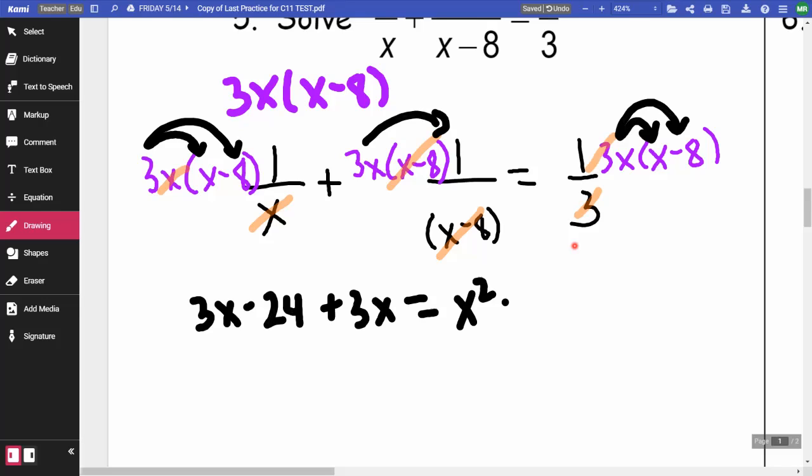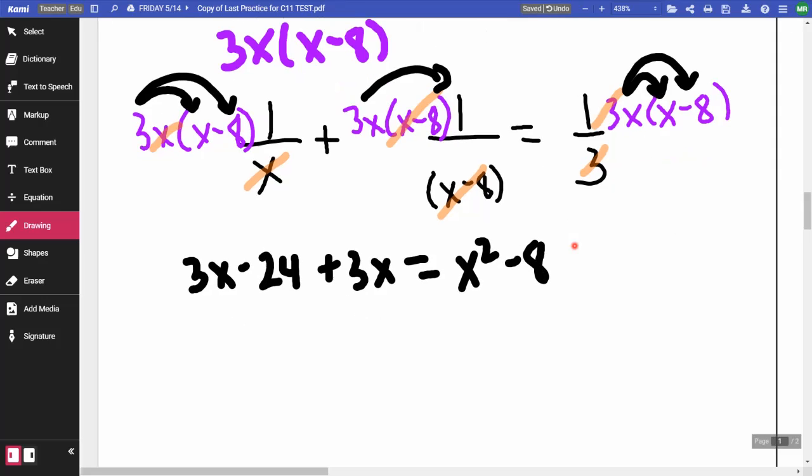So I'm going to have an x squared minus 8. And so now I'm going to get 0 here, everything else on the other side. So I'm going to have an x squared. My 3x and my 3x makes a 6x. So I'm going to subtract 6x to this side. I'm going to add 24 to both sides. So I get a plus 16.